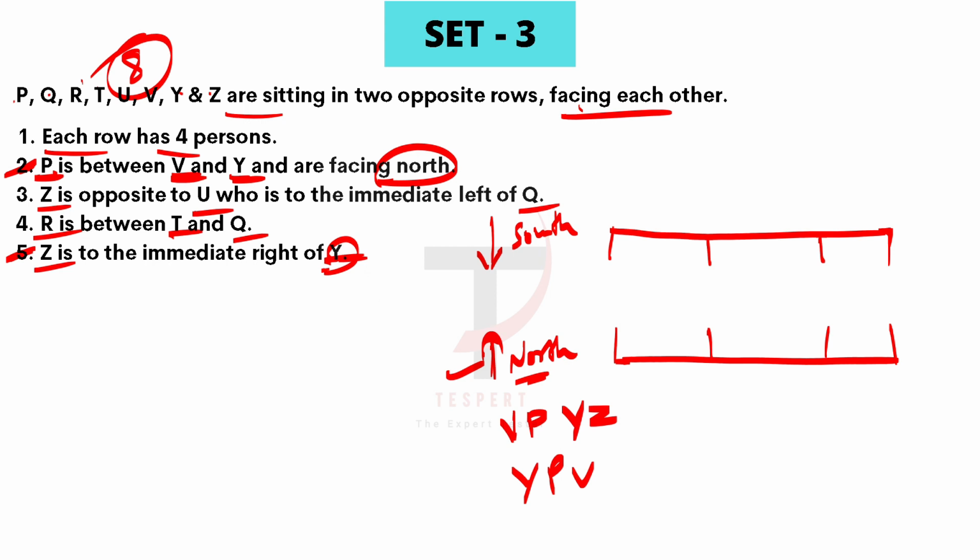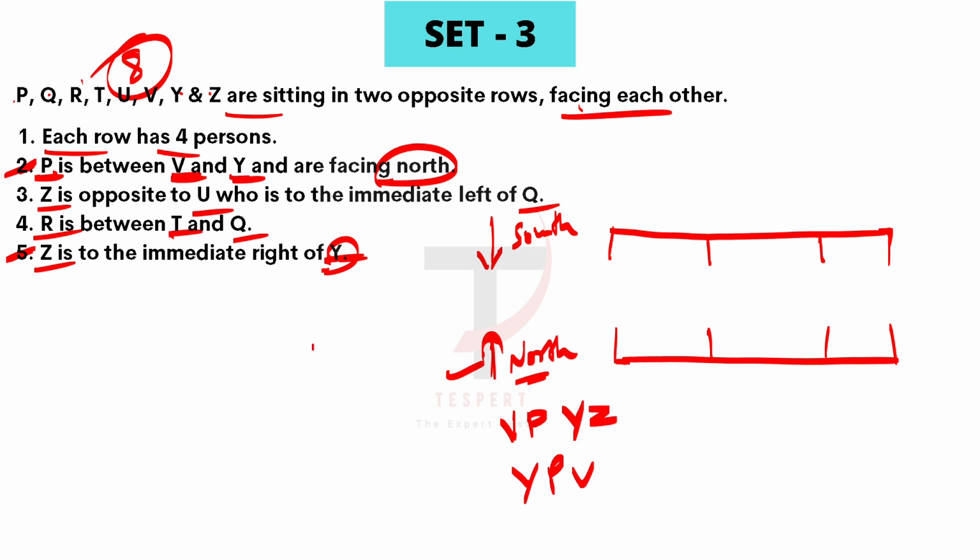And don't make this mistake of ruling out the second case. Okay, the second case shouldn't be ruled out. Why? Because Z is to the immediate right of Y, and many students think that there is no space between Y and P, so the only case is Z here must be to the left of Y, which is not possible, which actually violates the condition.